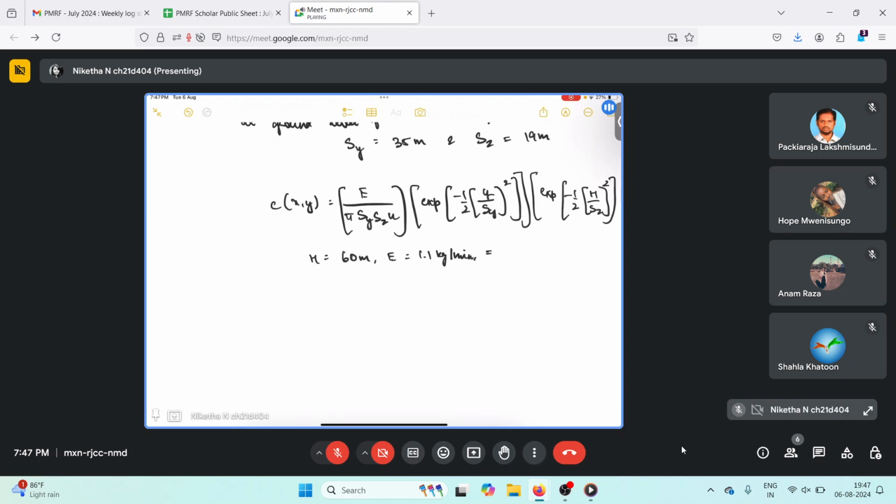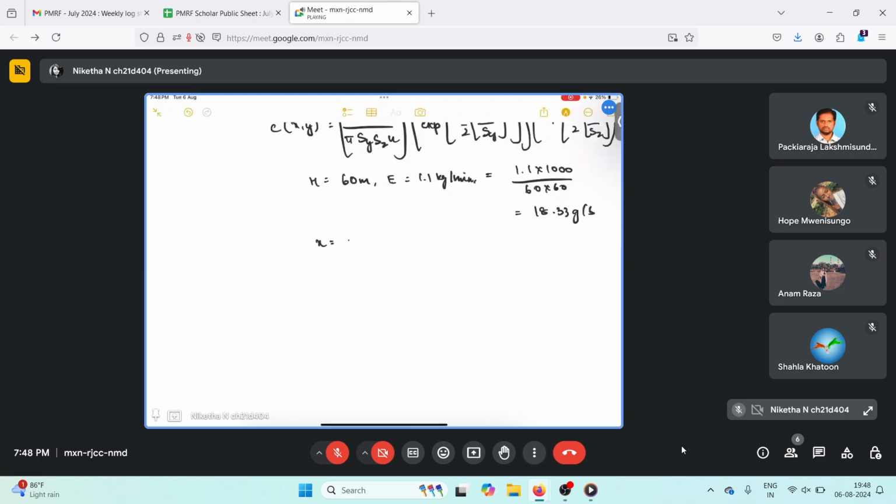If we want to convert this to grams per second, what will be the value? So it's going to be 1.1 into 1000 divided by 60, which is going to be 18.33 grams per second.